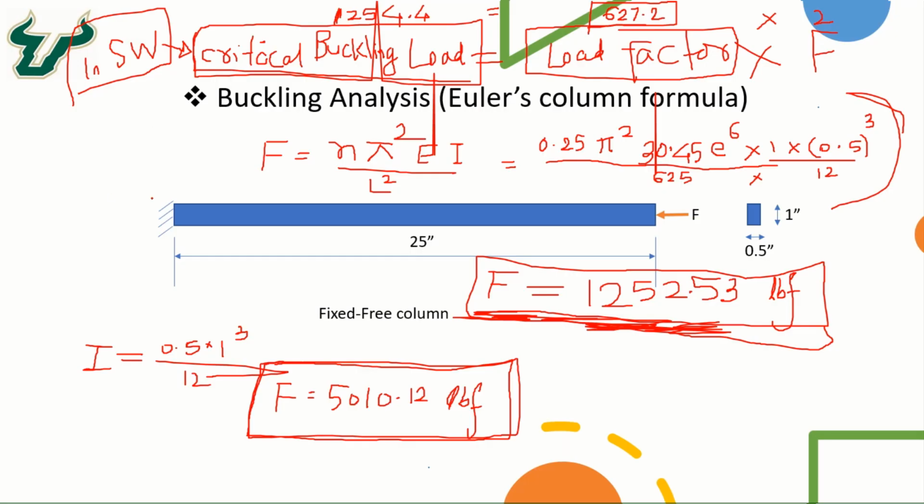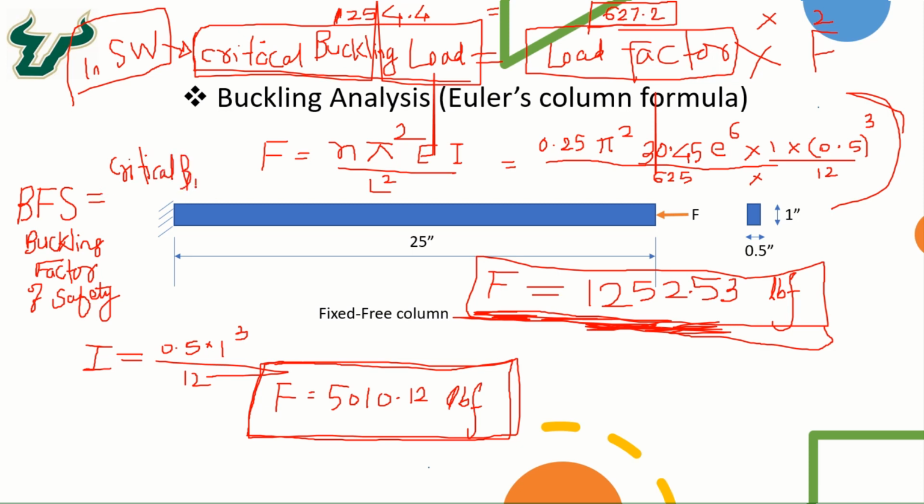And one last thing before we close this topic is the buckling factor of safety, which I'm going to call BFS. As you might have guessed by now, it's very simple to calculate: it is equal to the critical buckling load divided by the actual amount of load that we apply.